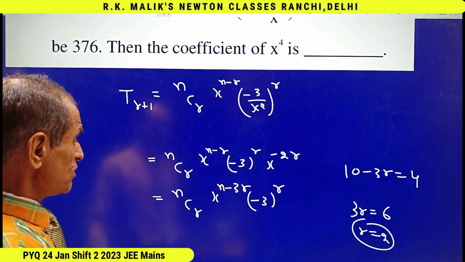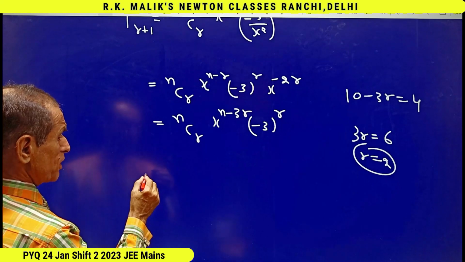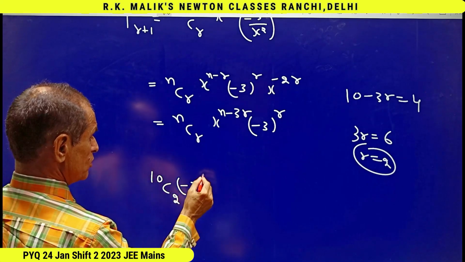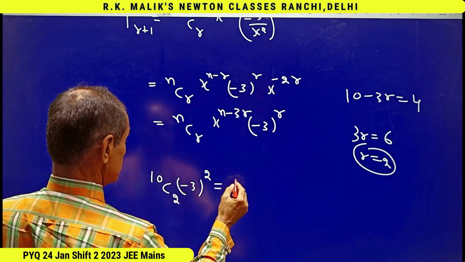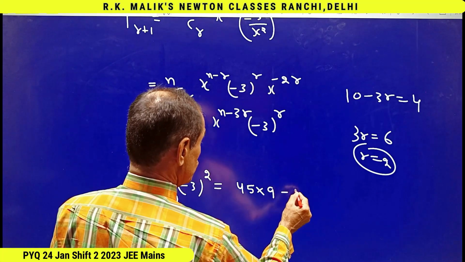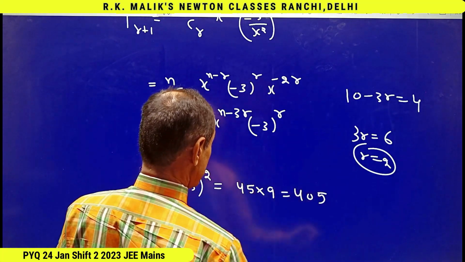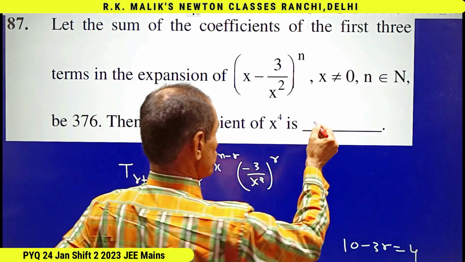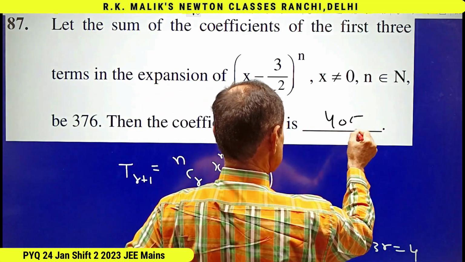Hence the coefficient of x power 4 will become 10C2 into minus 3 to the power 2, that is 45 into 9. This is equal to 405. Hence I can say the coefficient of x power 4 is 405.